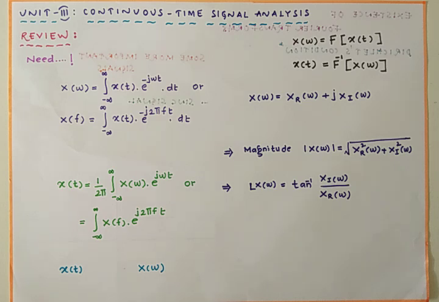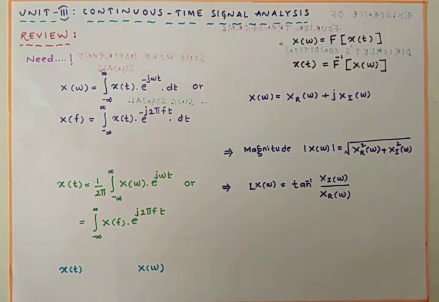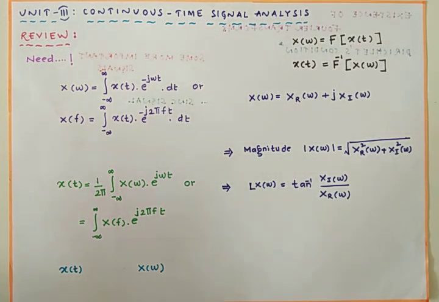The Fourier transform is a mathematical tool which is used to analyze continuous time signals, which can be converted into frequency domain signals by making use of the Fourier transform. In the third unit, we are going to study the Fourier transform, and in the second unit, we studied the Fourier series, but it is applicable only to periodic signals.